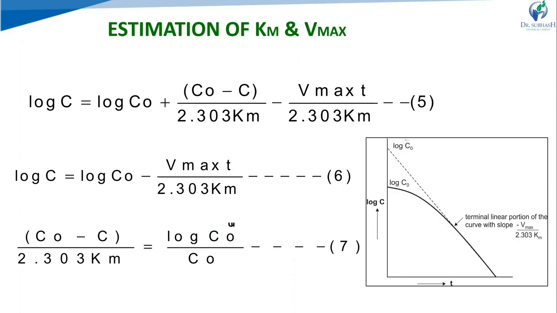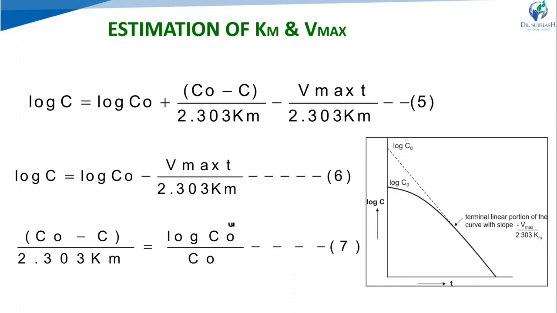We integrate the Michaelis-Menten equation, dC/dt equal to Vmax into C upon Km plus C, and convert it into log base, so the equation becomes log C is equal to log C0 plus (C0 minus C) upon 2.303 Km minus Vmax into t upon 2.303 Km.